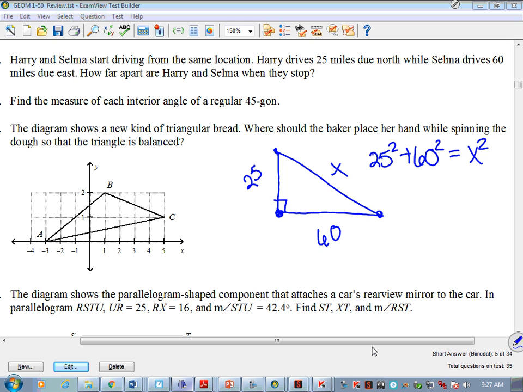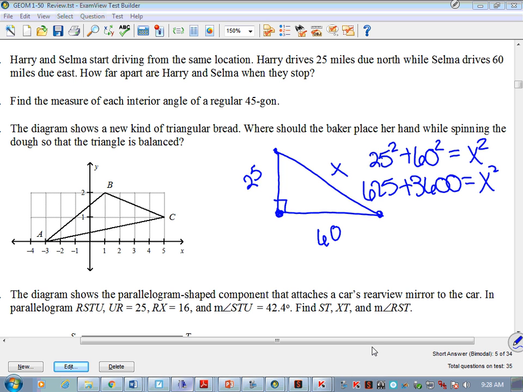Okay, so 25 squared, I believe, is 625. Am I right? 625 plus 60 squared is what? Is that 3,600? Man, he's good. Everybody in the class said, but you can't hear them because they don't have mics. It's sad, really. All right, 625 plus 3,600. Is that 4,225?